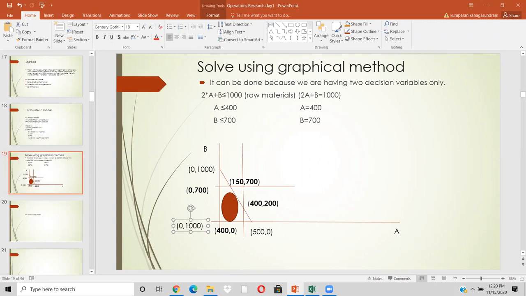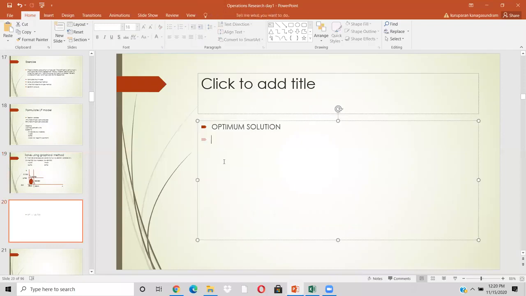Okay. So considering these, we will go for the optimum solution. Write all the optimum, sorry, corner points. 0, 0. Another one is 0, 700.